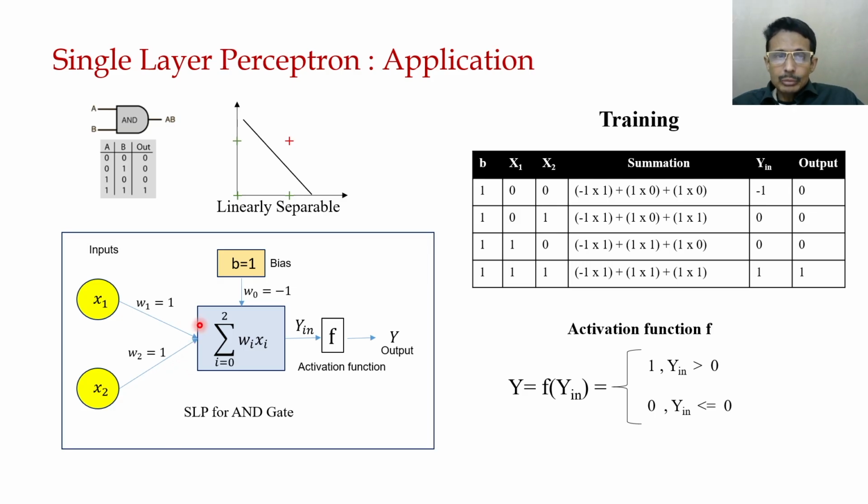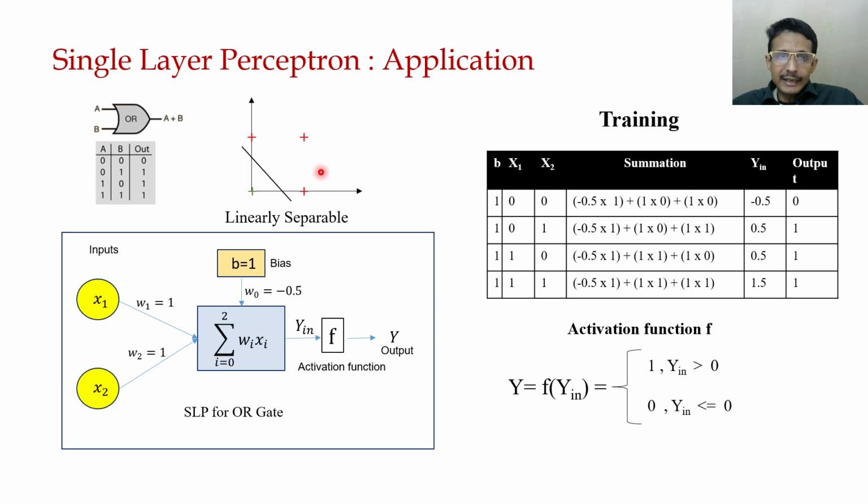Okay. Then we go to another example, that is the OR gate. So what is the OR logic? The OR logic is basically 0 0 0, 0 1 1, 1 0 1 and 1 1 1. Here also the three red plus signs and only one other point, and it is also linearly separable.